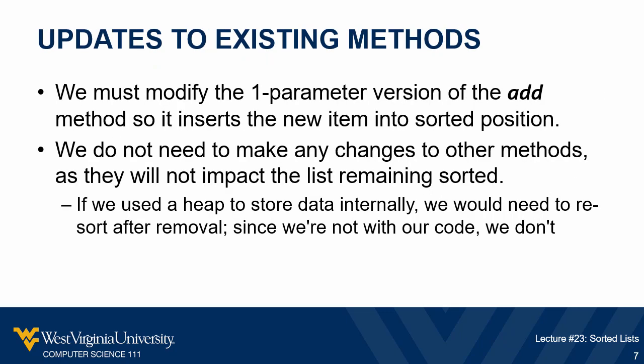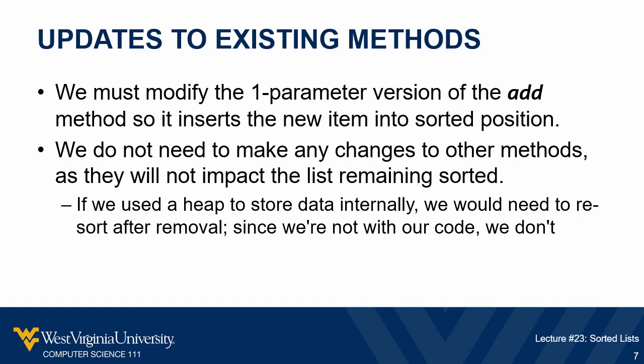We're also going to have to go to our one parameter version of add, and in our actual class implementation, we're going to have to modify it because we want to make sure that it inserts the new item into its properly sorted position in the list, not just at the rear of the list as our behavior was previously. For the other methods, we should be able to take what we had from the regular list and just port that over to our sorted list.